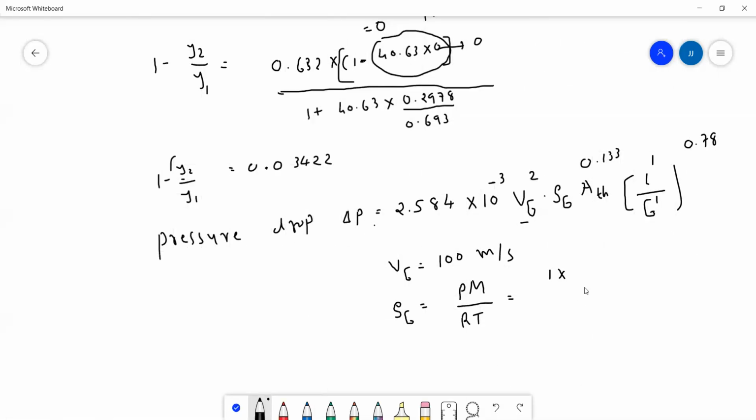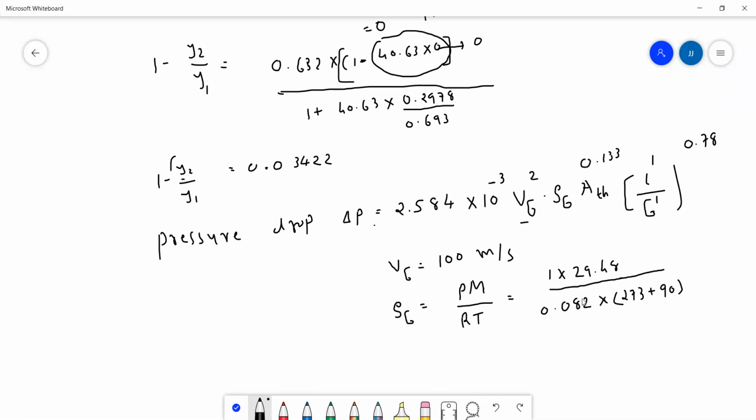So it is 29.48 divided by R, 0.082, multiplied by T. T must be in Kelvin, so it is 273 plus the temperature of gas, which is 90 degrees centigrade.